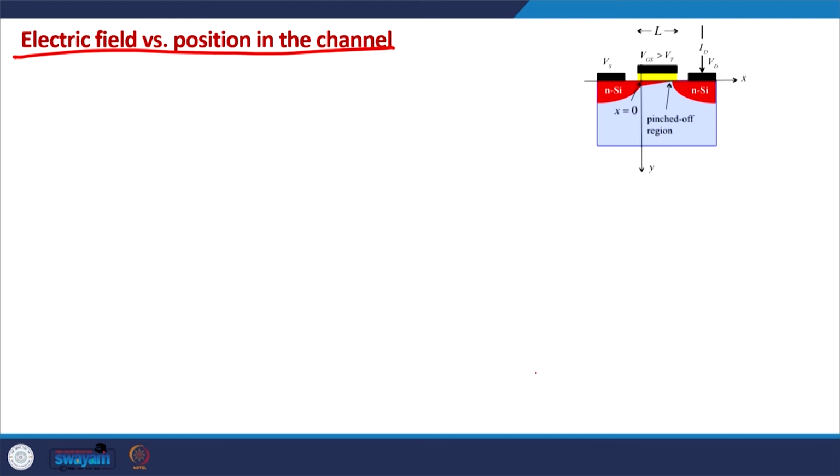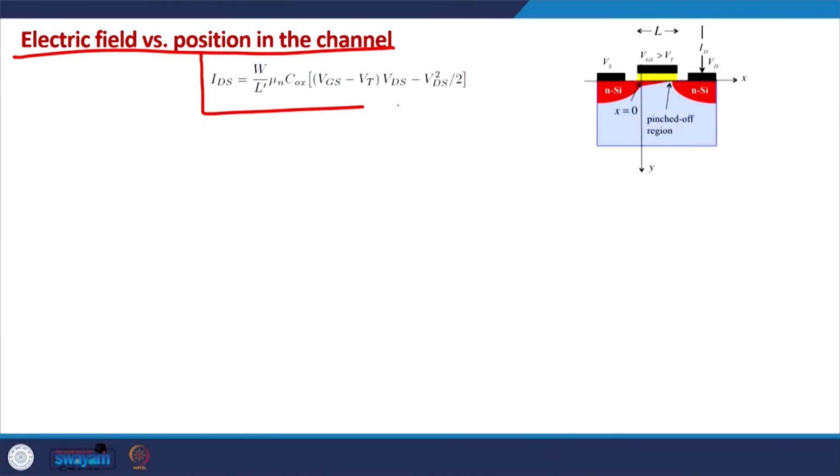Generally we would like to know the electric field profile in the saturation regime, because it is a highly nonlinear profile. In linear regime, as we have discussed, typically it is a linear one, but quantitatively or precisely how does it look like, that is what we will see now. And we will take help from the current expression. So, this is the general form of the current expression. IDS is equal to W by L mu n Cox VGS minus VT VDS minus VDS square by 2.